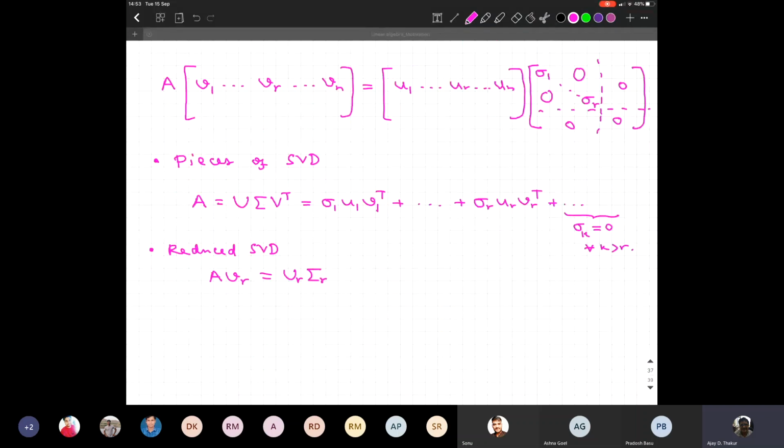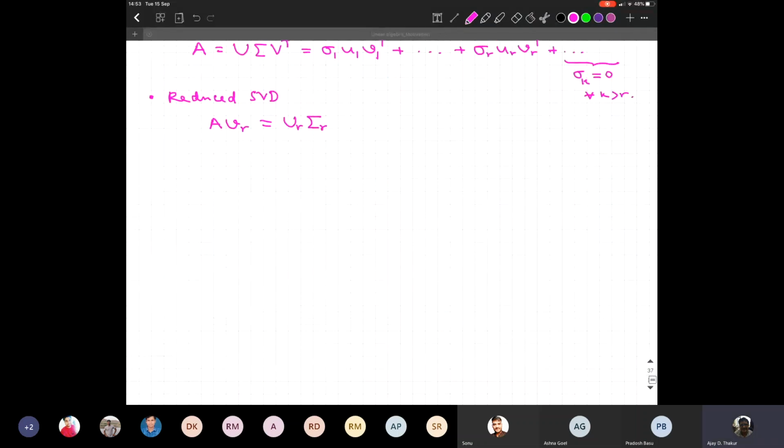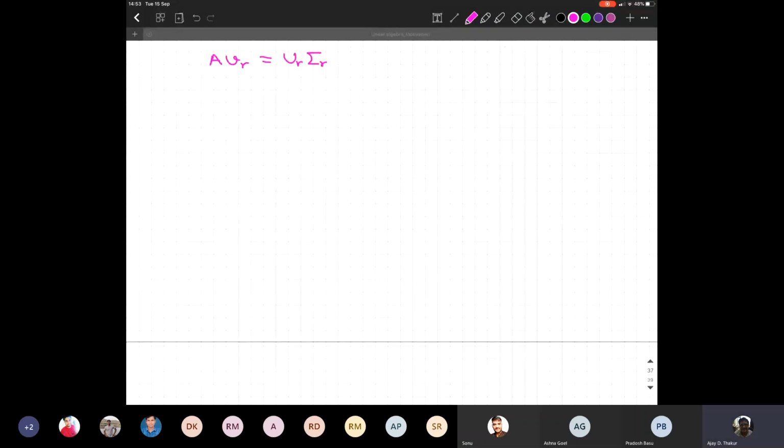Right, so that is equivalent to writing A into this V1 to VR. So I'm just rewriting a portion of that VR, and that would be equivalent to U1 to UR. These are all column vectors, and then sigma 1 to sigma R. So we don't have to really bother about the rest of the irrelevant scenarios.